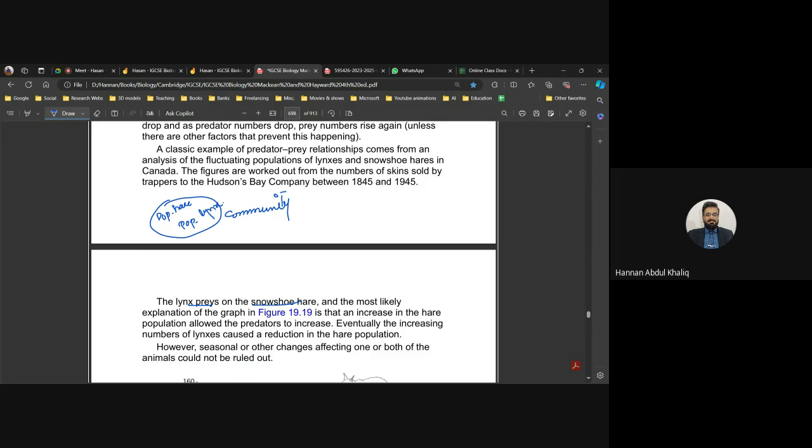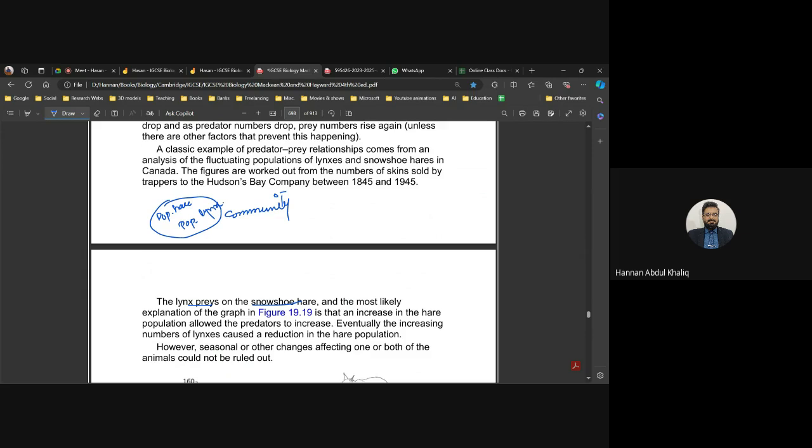Obviously, every population needs food. Even if you are talking about the lynx, a very great predator of a hare, you should know that the lynx needs its food supply to survive, because the health of the lynx population would depend upon the food supply, and its food supply is rabbit.